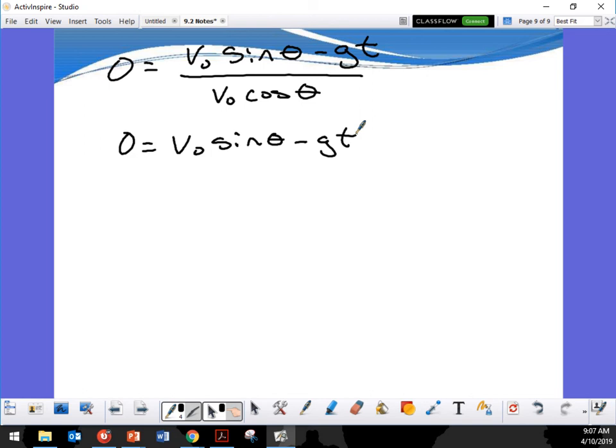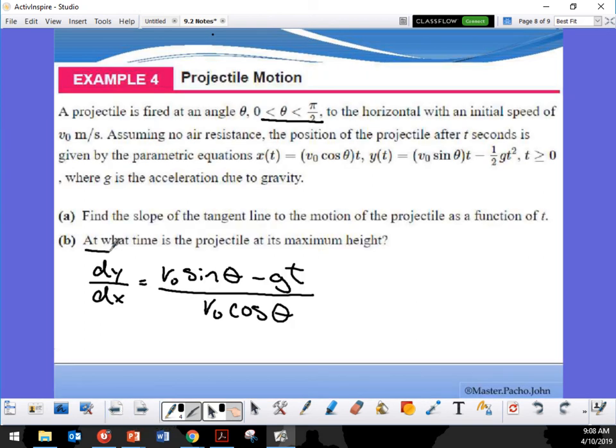Yes? I'm setting it equal to 0. So what am I trying to solve for now? Theta. Well, there's also t. What am I solving for? t, right? Because t is my variable, and it's asking for at what time. So I'm solving for the time in this case.